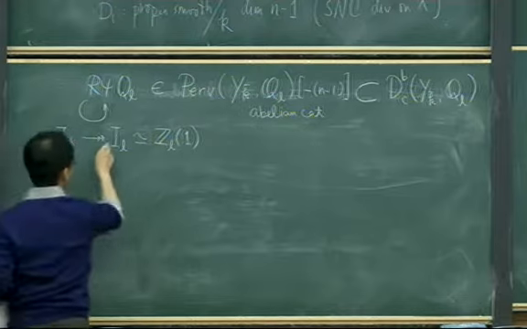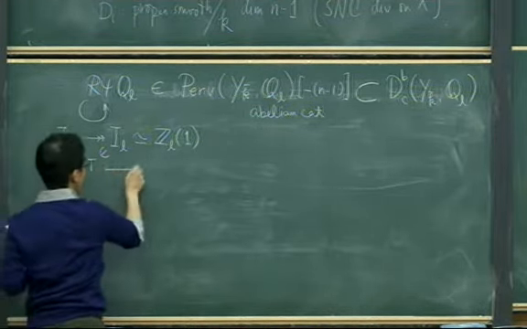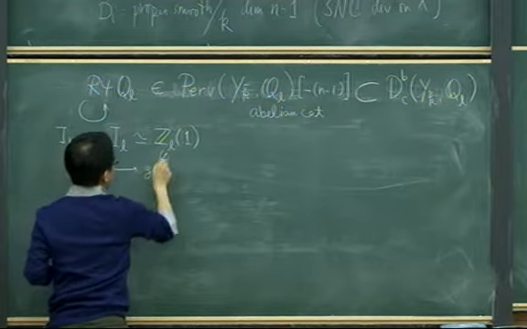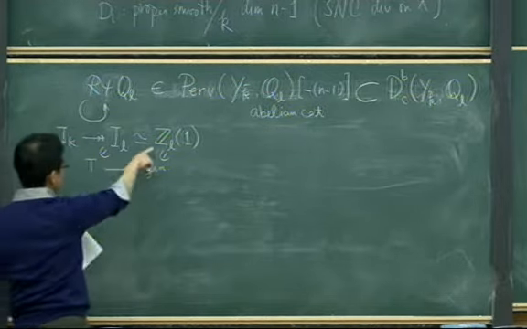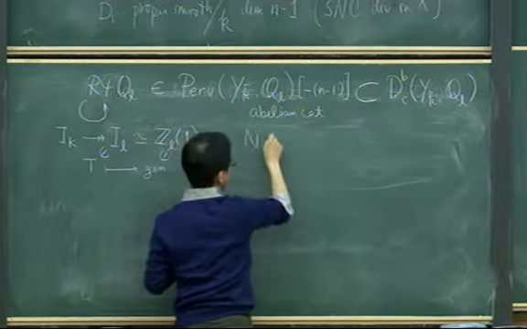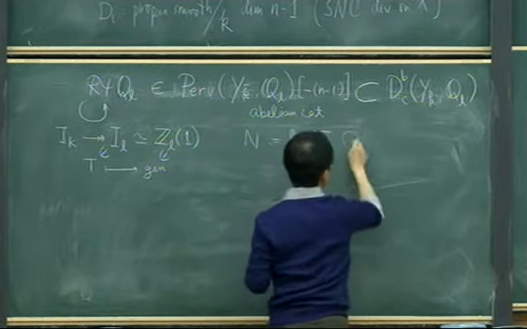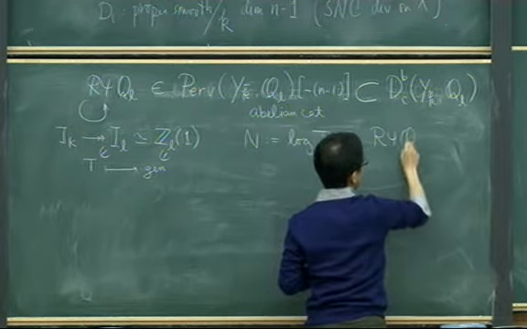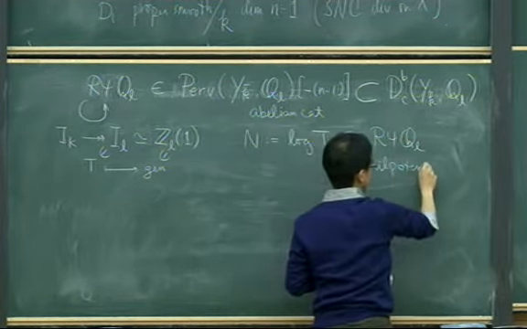And how do we write that action? I take the generator of Z_l(1). This is the tame inertia, and I call it T. And N is a log of T. This is a monodromy operator, and this will give a nilpotent action on R psi Q_l.